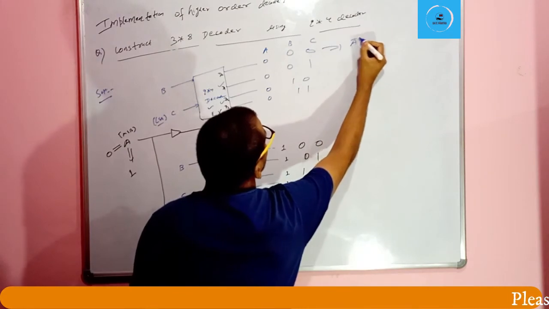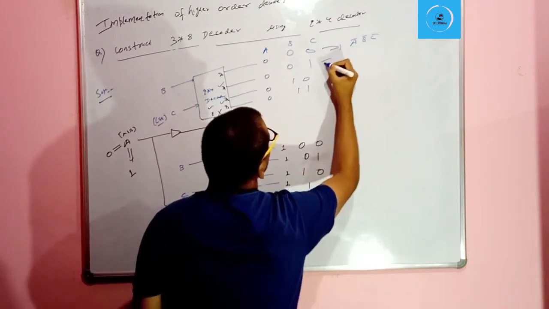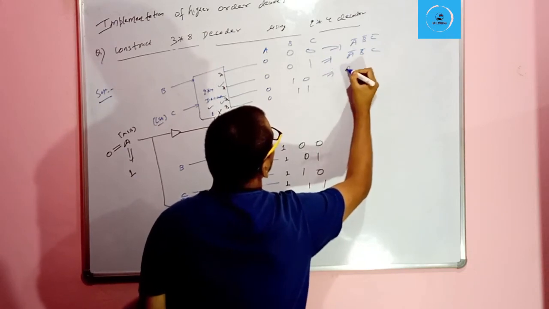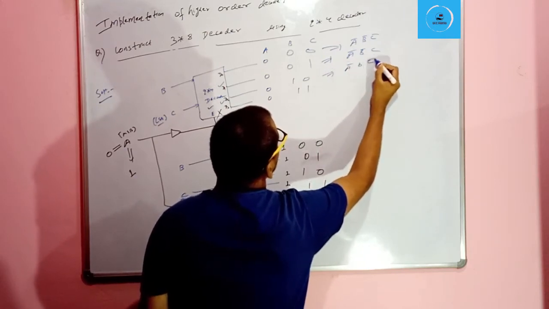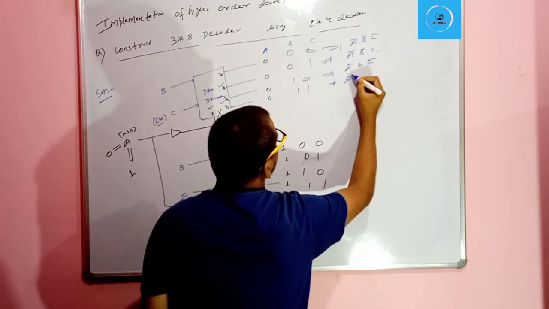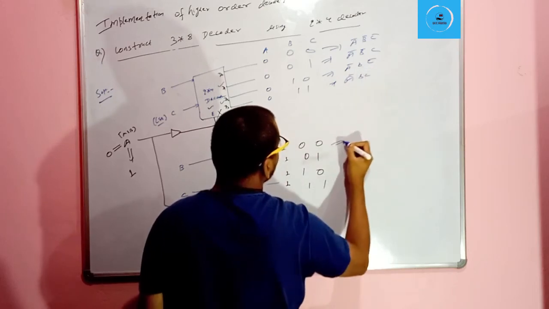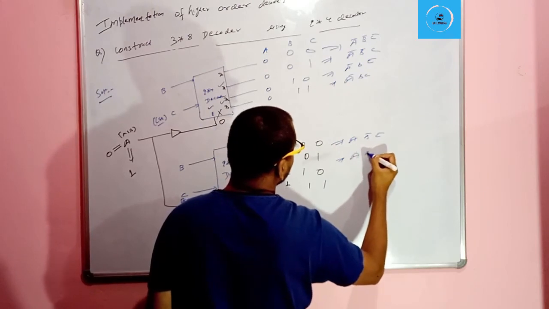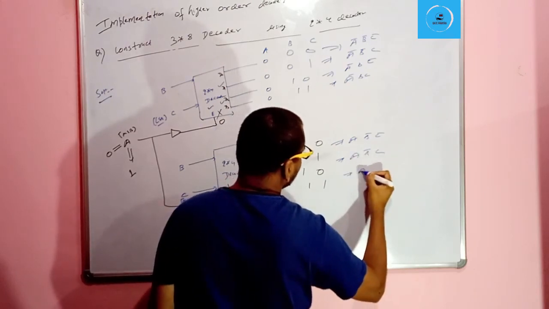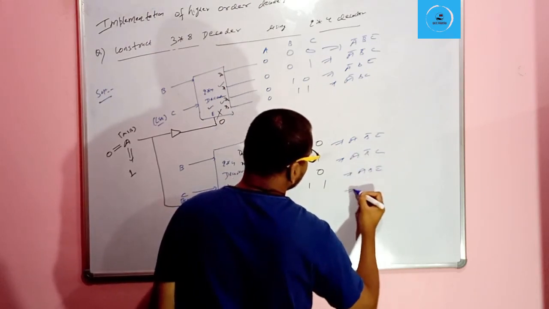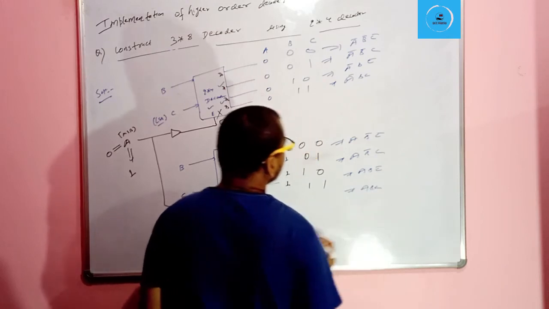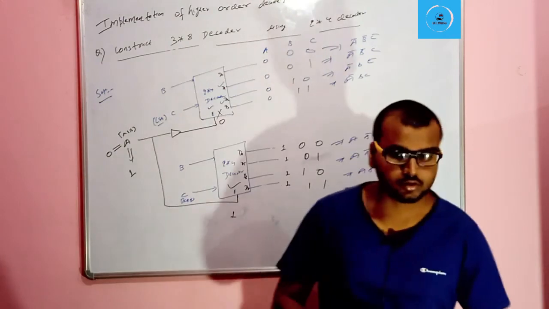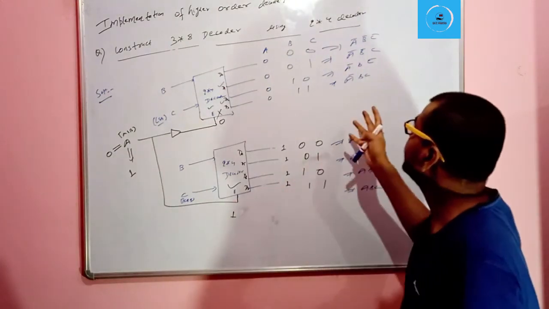The outputs are: A bar B bar C bar, A bar B bar C, A bar B C bar, A bar B C, A B bar C bar, A B bar C, A B C bar, and A B C. So we have made a 3 to 8 decoder using 2 to 4 decoders.